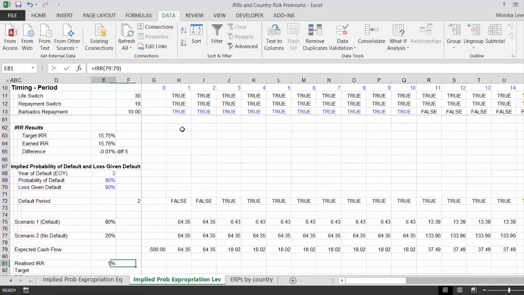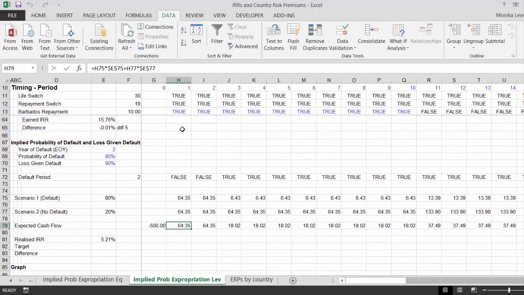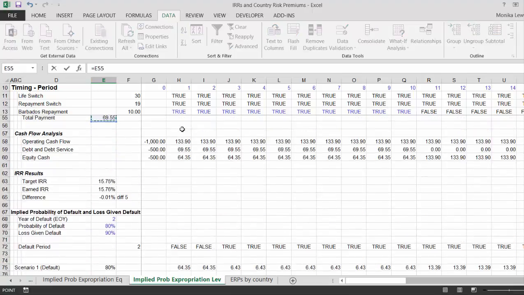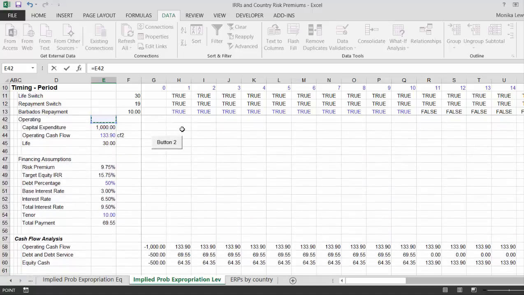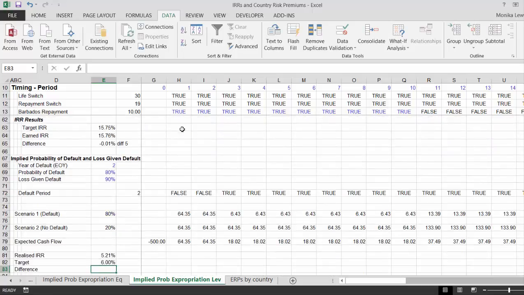Well, this time it's not quite as good because in terms of our equity cash flow, our IRR is lower than German, so we need to assume a lower cash flow, and our target IRR, again, this is just because we directly accounted for the probabilities of default.